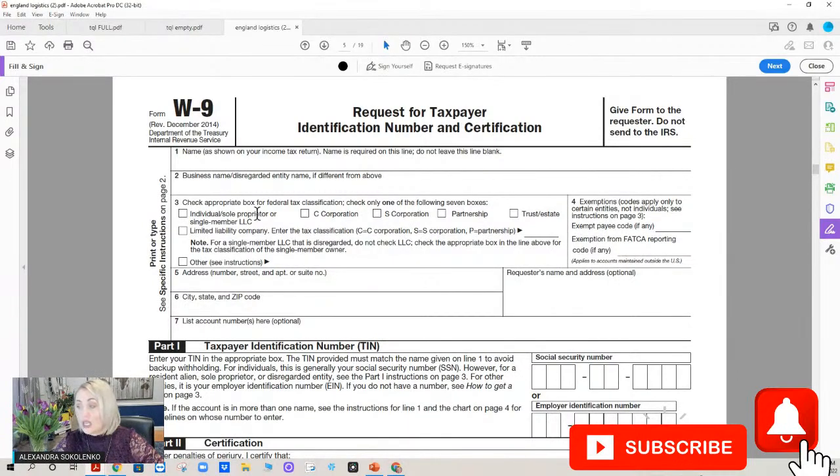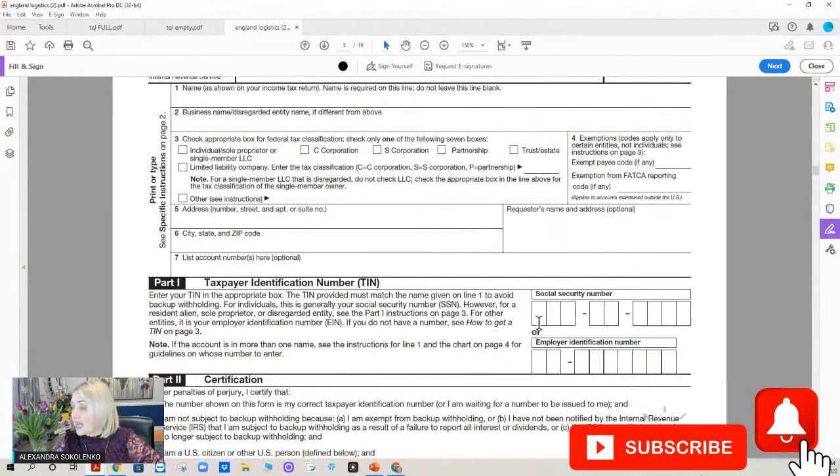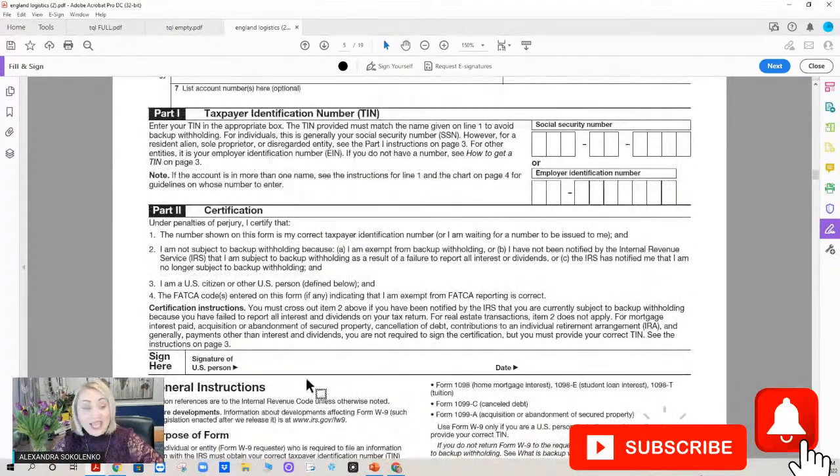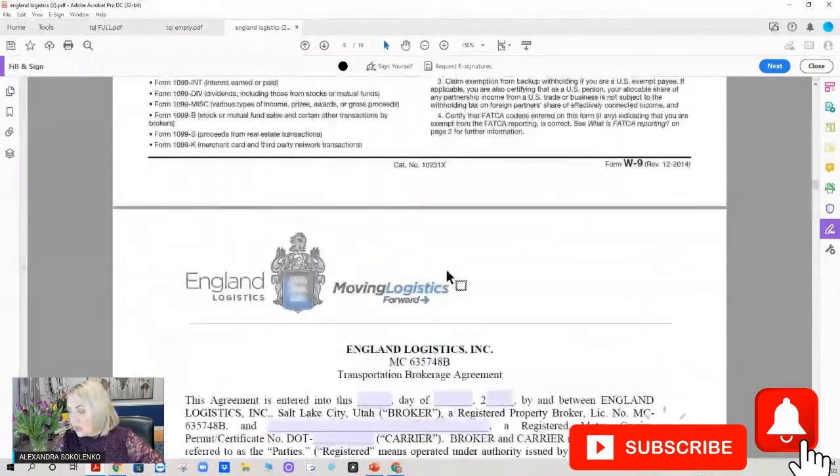You need to know if he is a corporation, S corporation, C corporation, partnership, whatever he is, his address and his tax ID. You're going to sign it, yes or no? Who is going to sign it? The dispatcher, or do you have permission to use the signature of the owner? Of course, the owner. One more time, as a dispatcher, you cannot sign any legal documents.